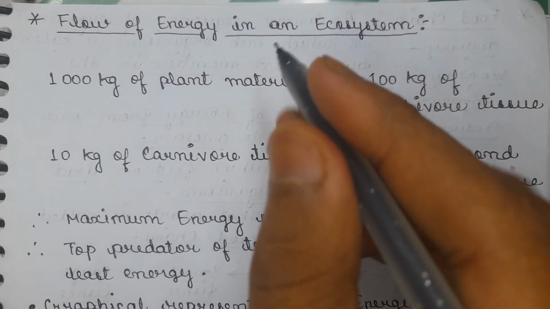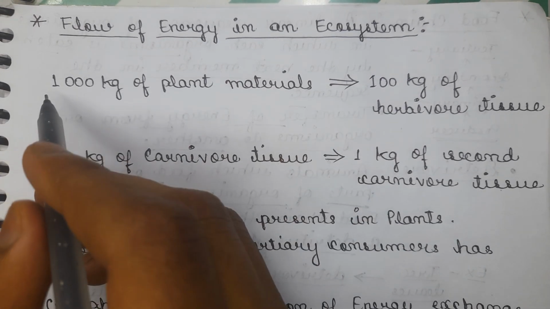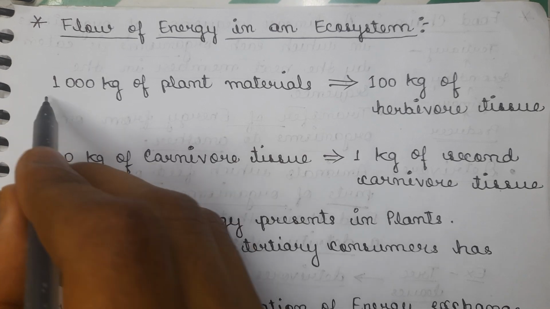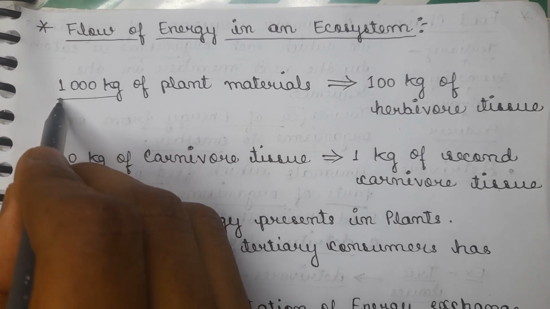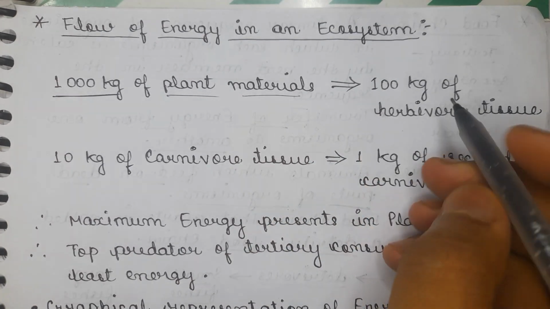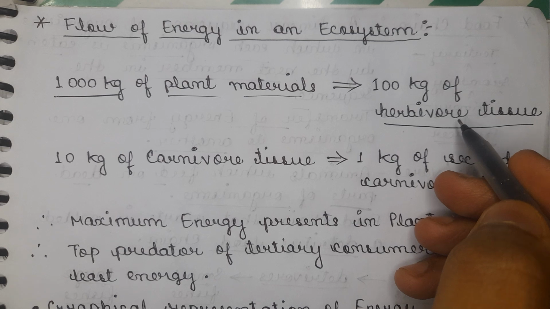Now if you estimate the energy level of any organism, we can find the energy level. So first of all, we need to understand that 1000 kilograms of plant material is converted into 100 kilograms of herbivore tissue that is used as food.